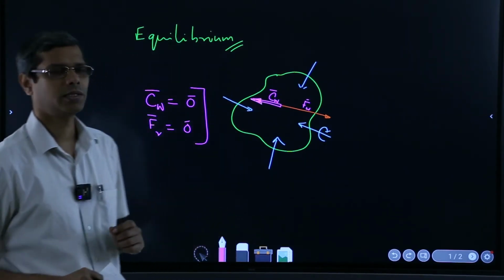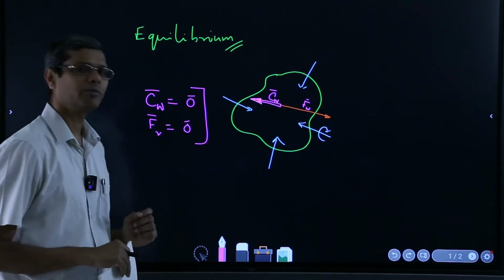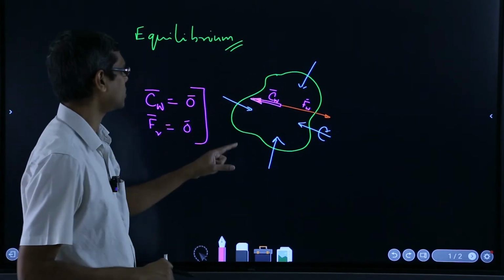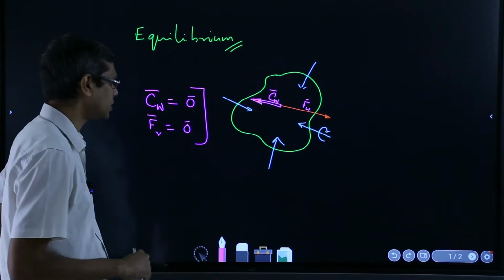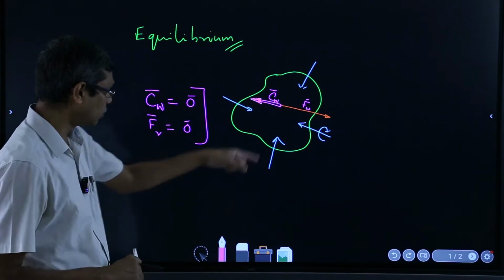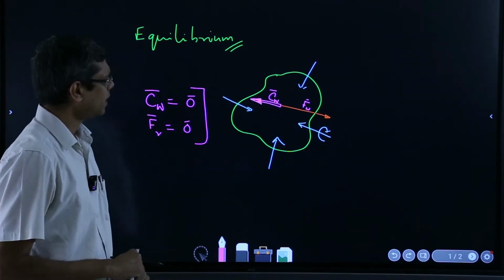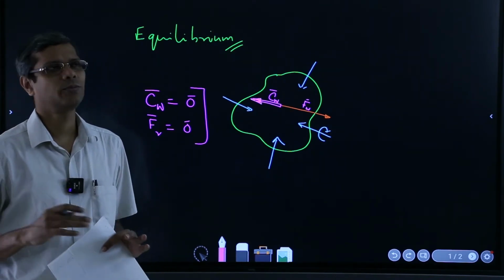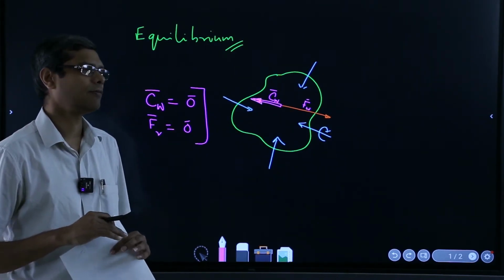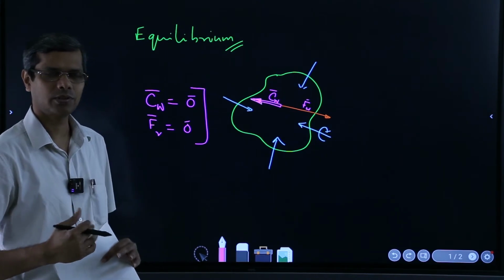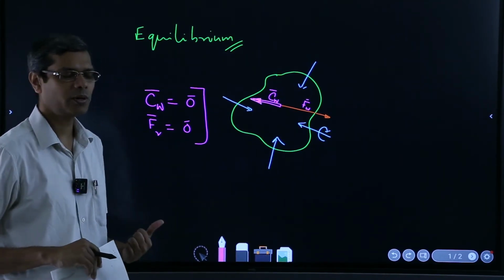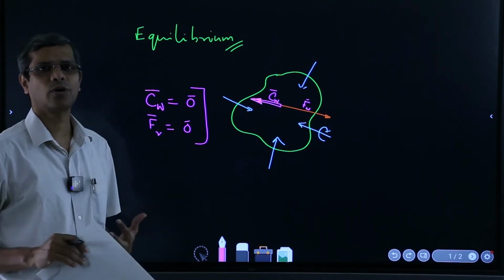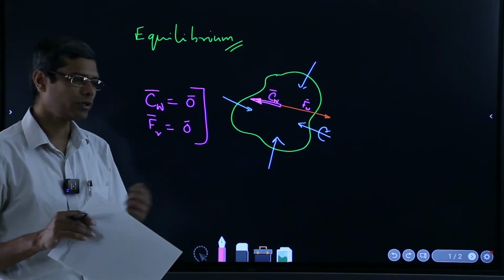Now there is a catch here, not a catch in a sense, you have to be very careful about what forces we are talking about when we talk about these forces and couple moments, the blue ones. Here we are including all the forces and couple moments, whether they are externally applied on the system or they are produced by the reaction from the ground or the support to which they are connected.